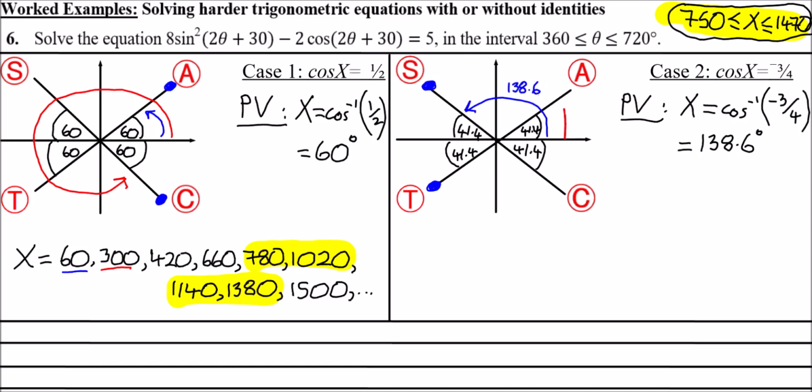The other one is going to be 180 plus 41.4, and that one is going to be 221.4. And again, that isn't in the range we want, but regardless, we're going to start with these. So we had 138.6, 221.4. Now both of those are evidently far too small. We want at least 750.